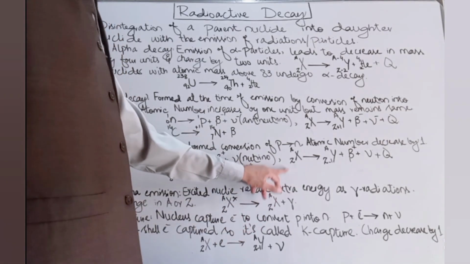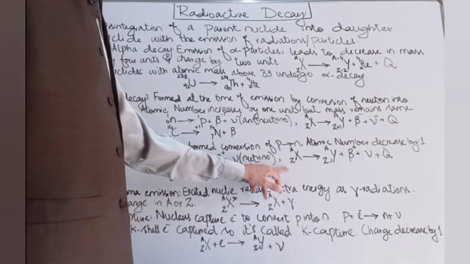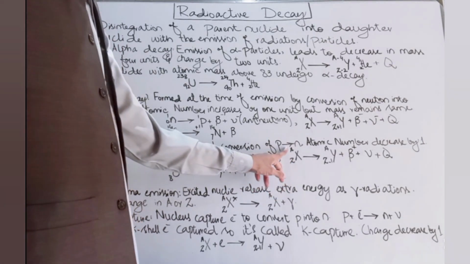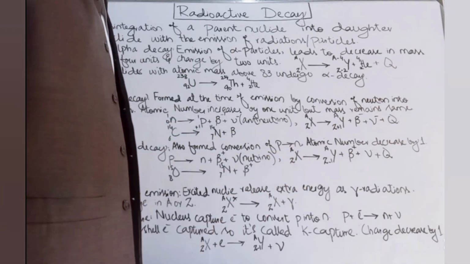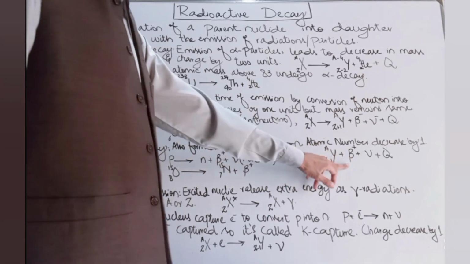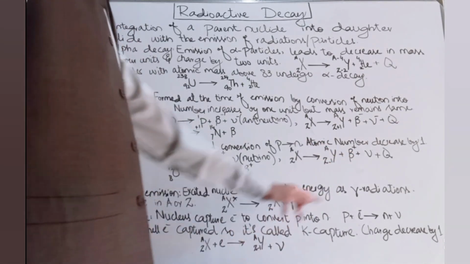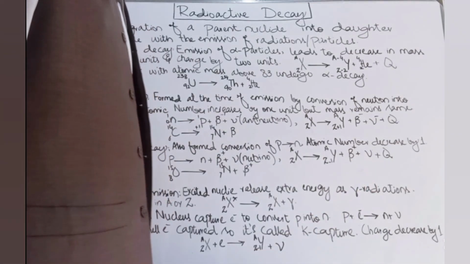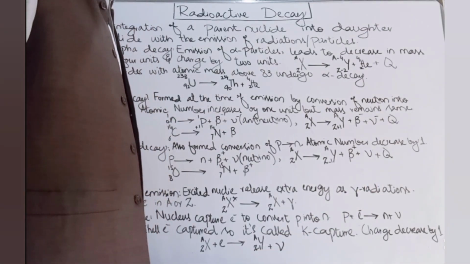The hypothetical equation that represents the positron emission is X with Z and A. As a result of the positron emission, Z decreases by 1, A remains the same, and beta plus is the positron, plus neutrino, and energy is released as a result of the positron emission.